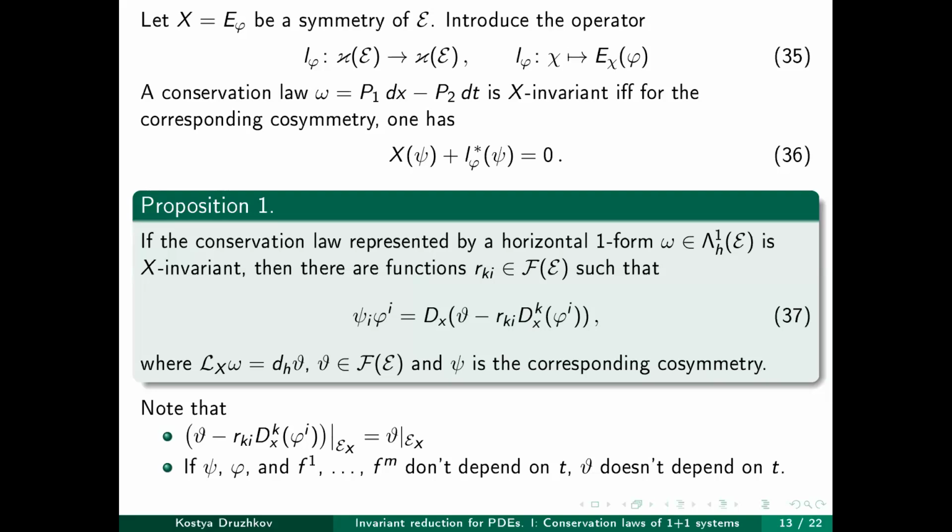So on the left-hand side, we have this combination of components of the symmetry and the cosymmetry. But on the right-hand side, we have just the total derivative with respect to x.